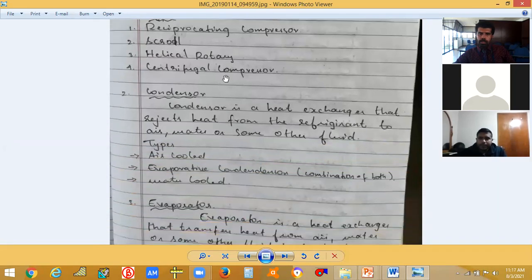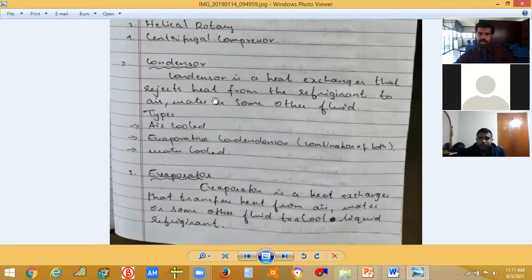Now, what is the condenser? A condenser is a heat exchanger that rejects heat from the refrigerant. The condenser is the outdoor unit. So the condenser is the heat exchanger that rejects heat from the refrigerant to air, water, or some other fluid. Types are air cooled condensers, water cooled condensers, and evaporative condensers, which means the combination of both.